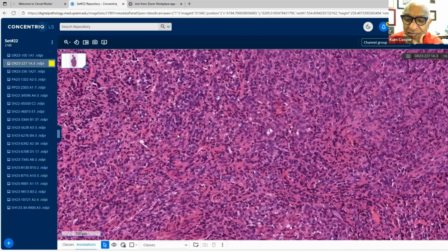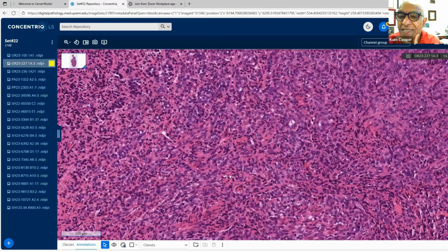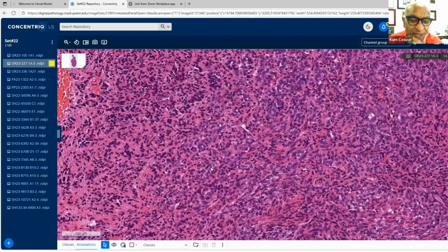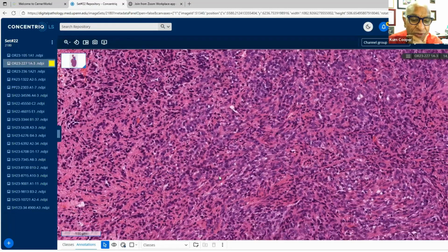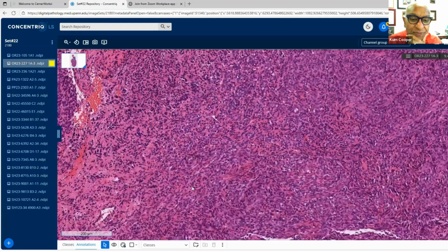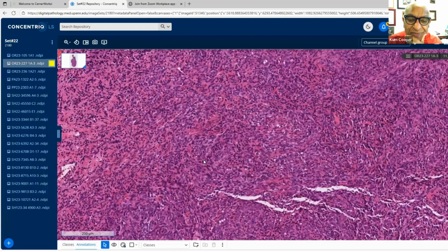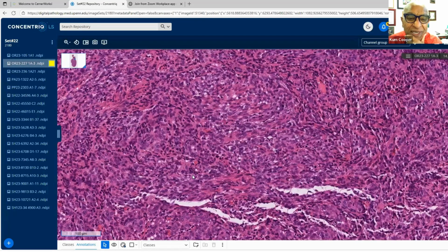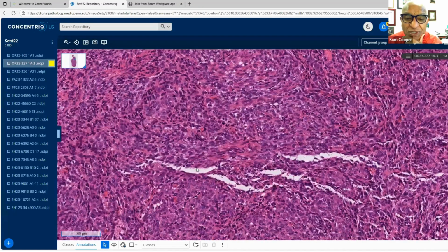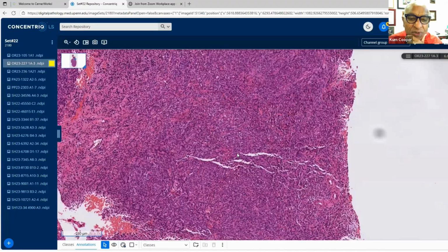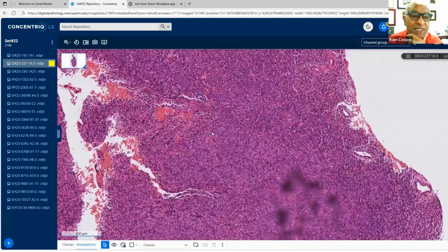There are some areas where they look like cords and nests, and I'm going to try and find you these. Let's see if I can find you the cords and nests. Yeah, you can see some. Okay, here we're going really high power just to show you some of these arranged in cords, some of them arranged in nests.